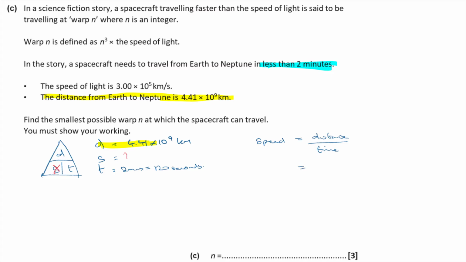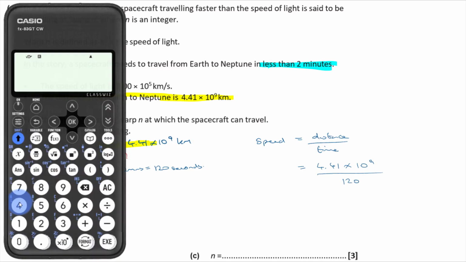Right, so that's distance, 4.41 times 10 to the 9, divided by 120. So 4.41 exponent key 9 divided by 120. That comes out, on my calculator, to 36,750,000.